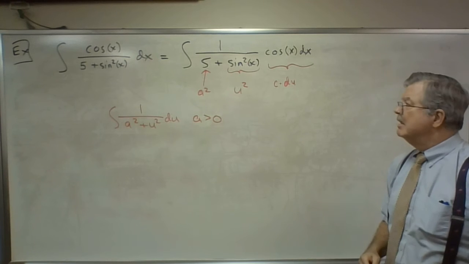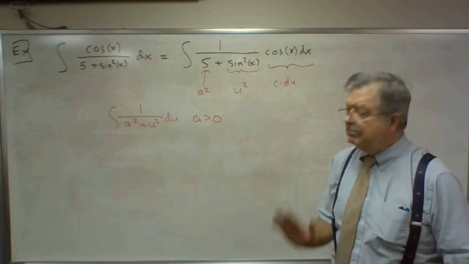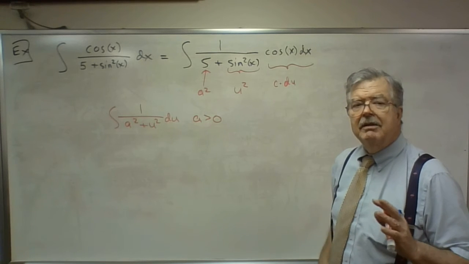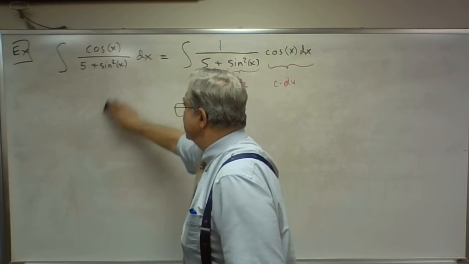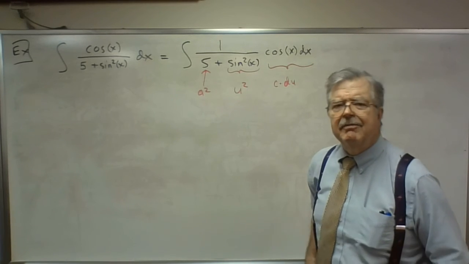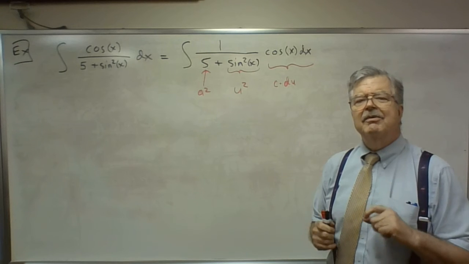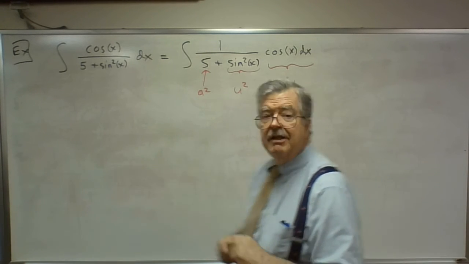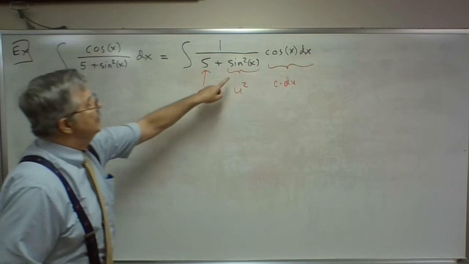But how is that going to be A squared? Well, let's just write things down. Like I said, we're going to get a little bit out of our comfort zone, or maybe we're going to expand our view of things just a little bit. Let's write down what we have.